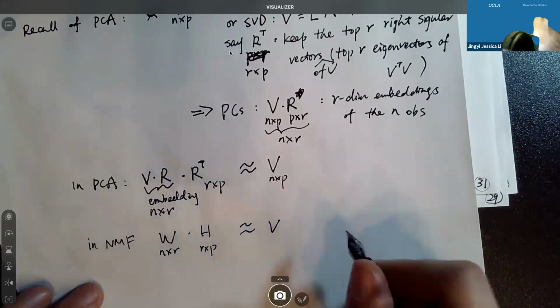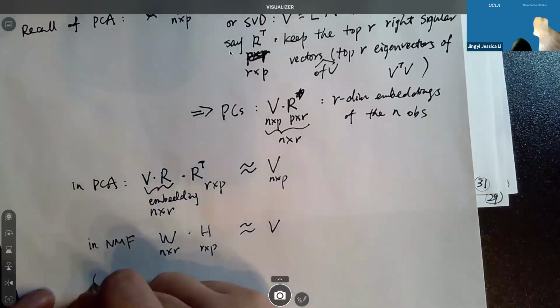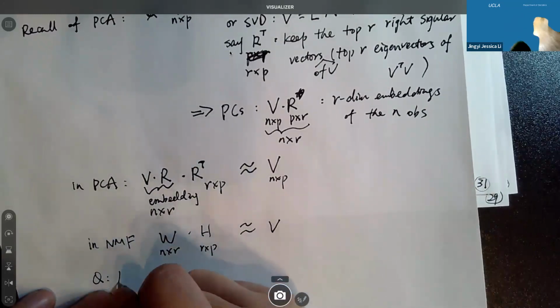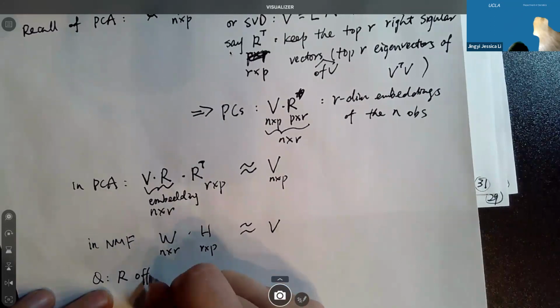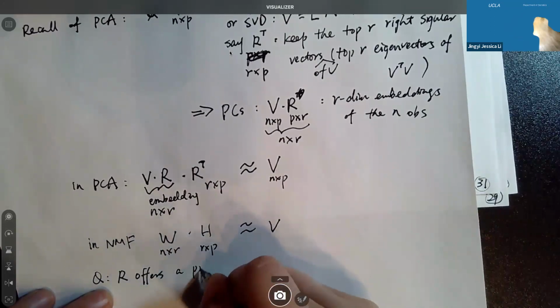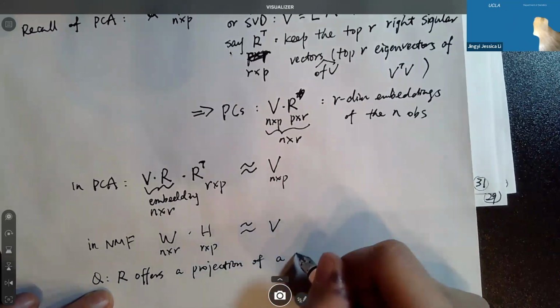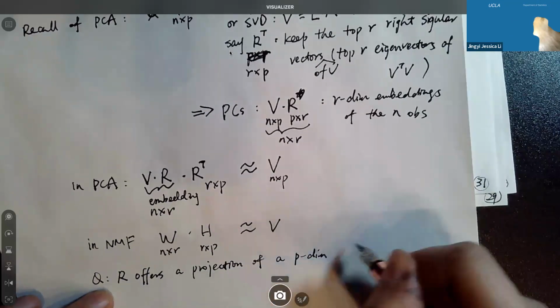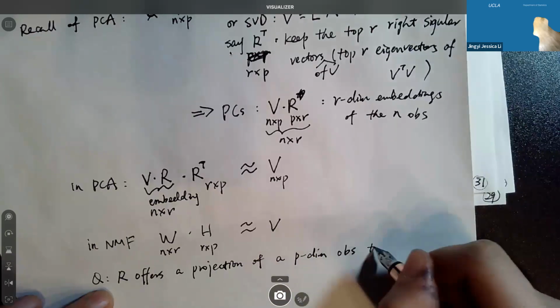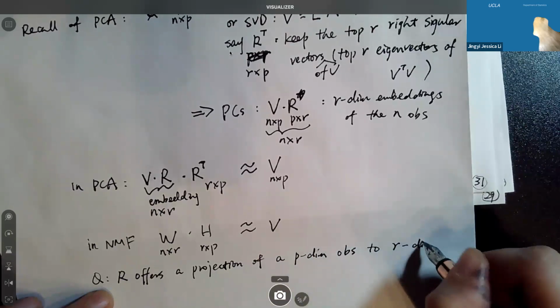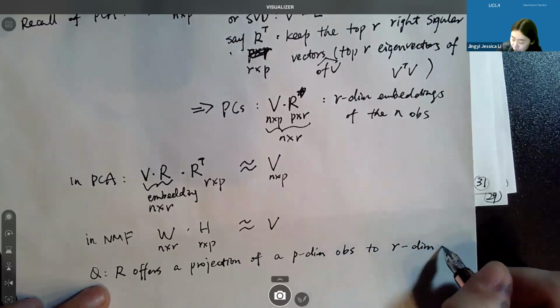So the question is, R offers a projection of a p-dimensional observation to R-dimensional. That's exactly what we do PCA for.